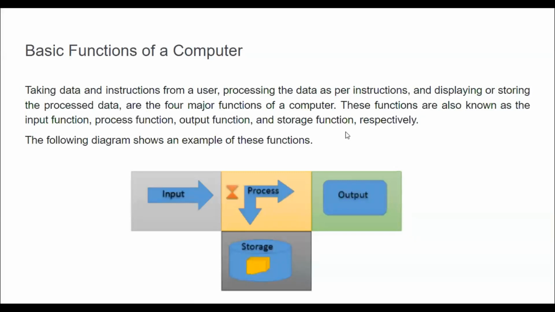These functions are also known as the input function, process function, output function, and storage function, respectively. At the fundamental level, computers operate through those 4 functions: input, process, output, and storage.